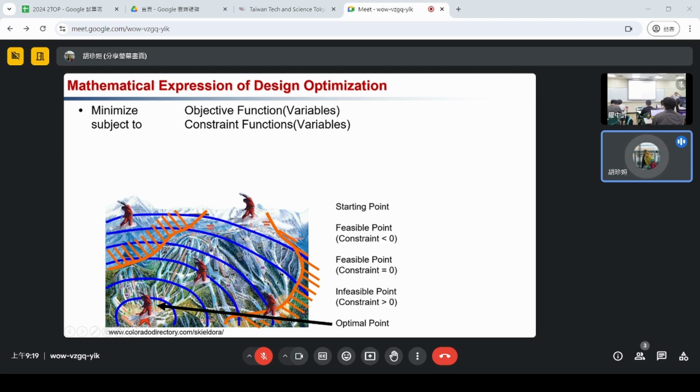So now you need to have the mindset. I'm designing a soft robot. What is my goal? Do I want to maximize the bending angle? And what do I change? Thickness of the chamber. When I enlarge the thickness, does the bending angle increase or decrease? So I need to know the relationship between them.